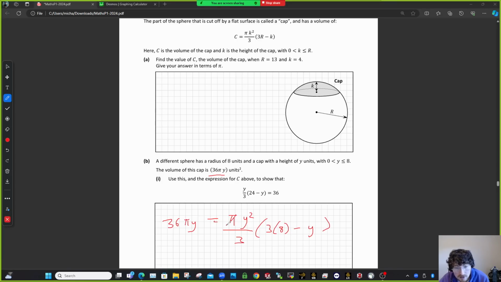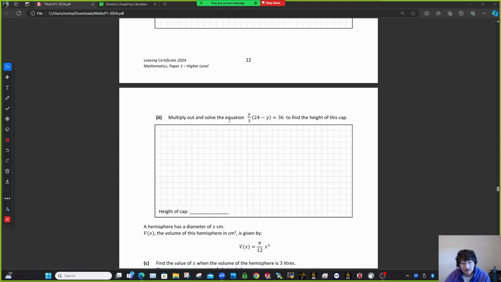Then your pi's cancel, and your y cancels with that 2 there, and you're left with 36 equals y over 3 bracket 24 minus y, and that's what they want. Very easy. Now multiply this out and solve it. Again, very easy.